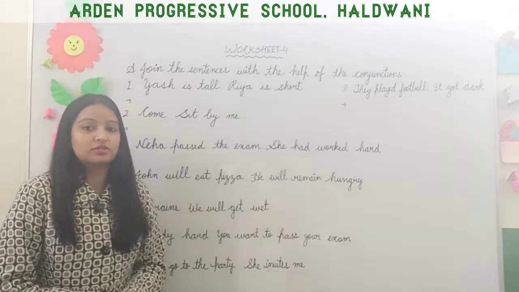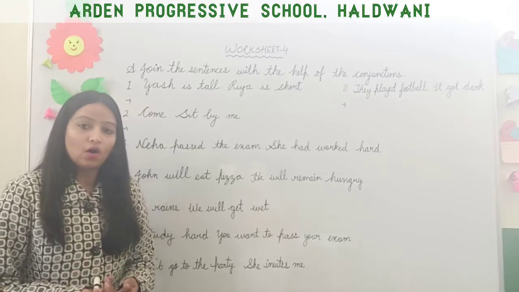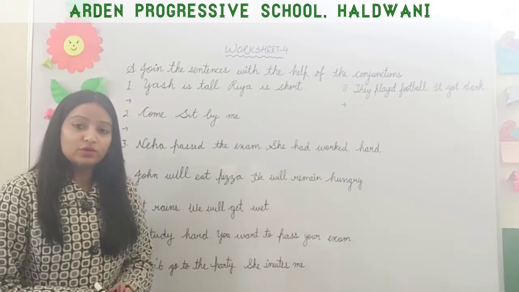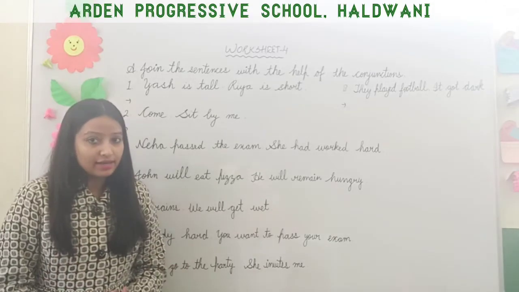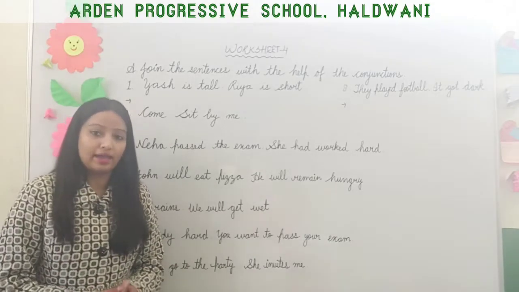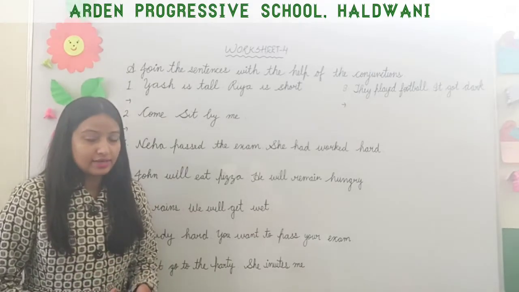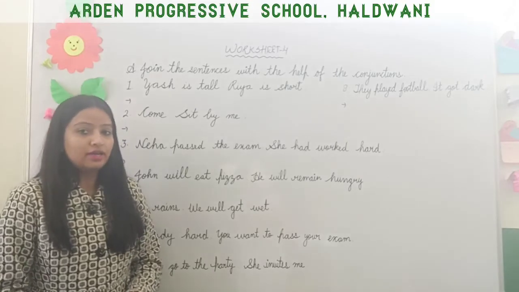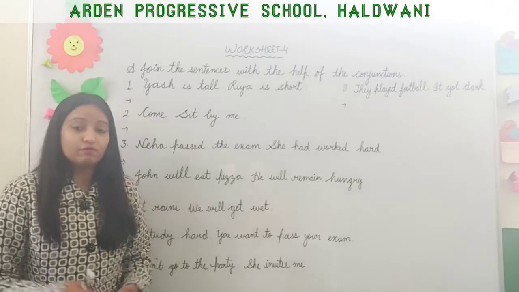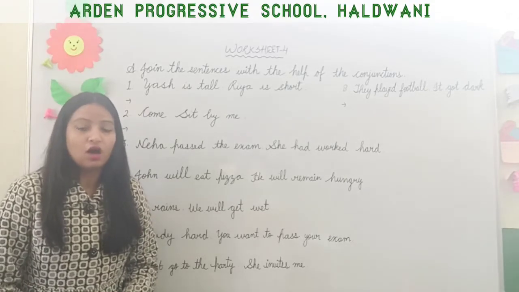Most commonly used conjunctions are and, or, but. So when do we use and? When we are talking about same ideas, then we use and. When we are talking about two opposite, contrasting ideas, then we use but. And when we are talking about options, then we use or.